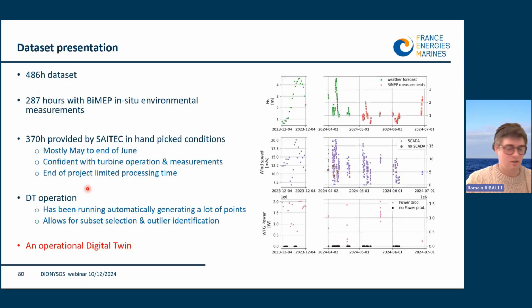Okay, so now you have an understanding of the digital twin architecture we set up. I will present you some results of the comparisons between measurements and model we performed. As I said, it's quite unique because there is a lot of hours compared.